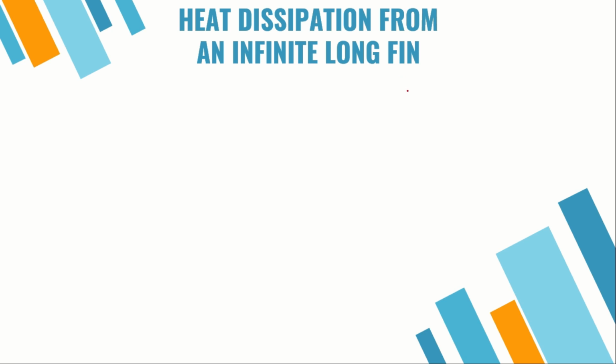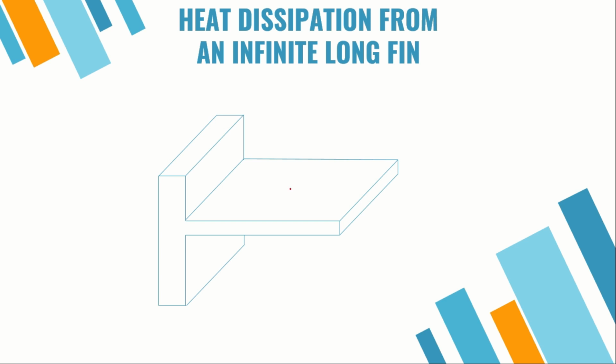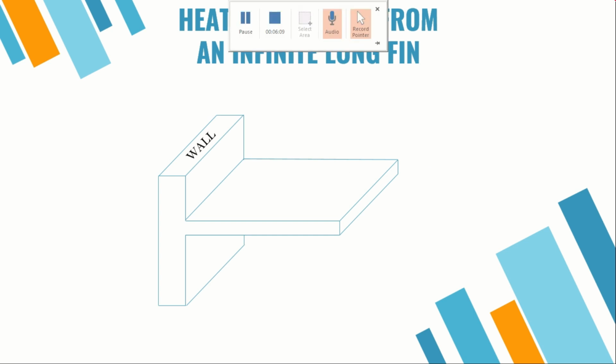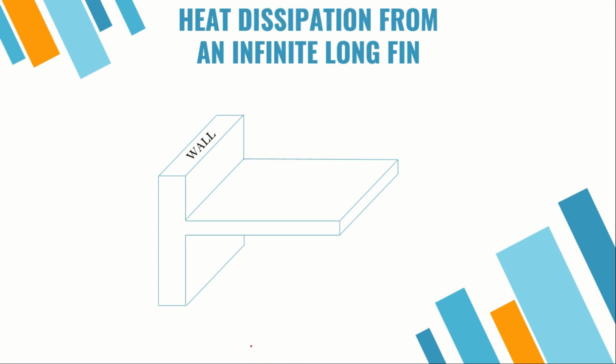So the heat dissipated from an infinitely long fin. Here we can see a fin. This is the same as before, the wall of the fin, and T naught here is the temperature of the wall.